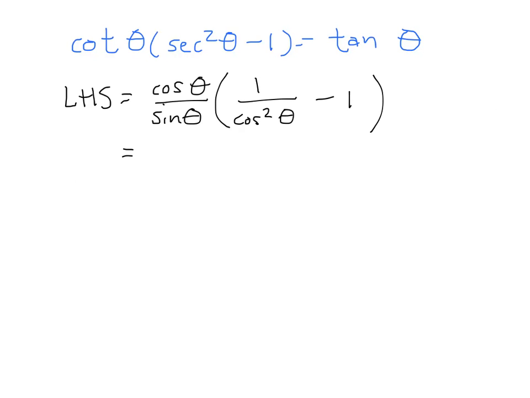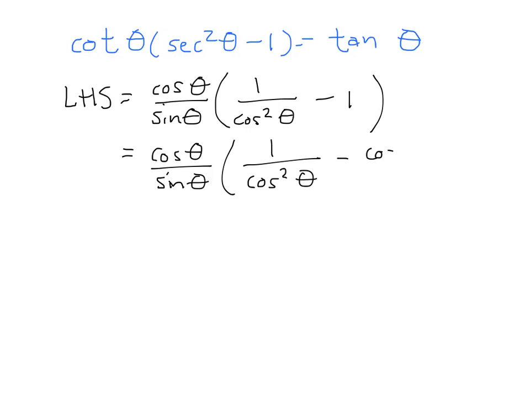Okay, now that bracketed term we want to turn into a single fraction, but we can turn that 1 into a cos squared over cos squared. Why cos squared over cos squared? Because we want to make the denominators the same, turn it into a single fraction. That's what we should always be looking to do in any problem.